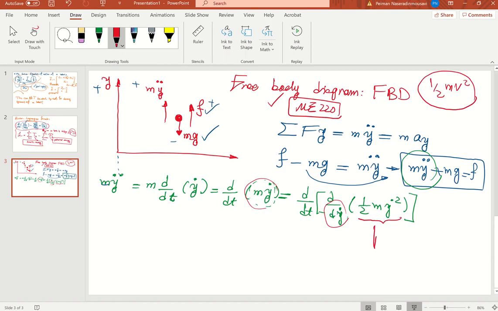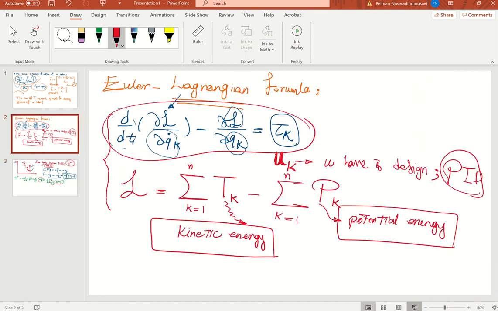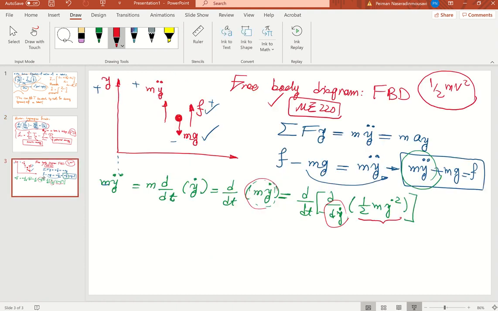So we say it's K or T. I said T; sometimes they say K, so it doesn't matter. T, kinetic energy. So on the other hand, let me summarize this finally. My double dot is d over dt of round T with respect to round y dot.